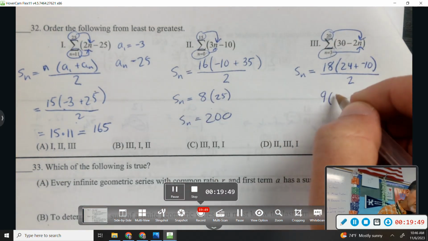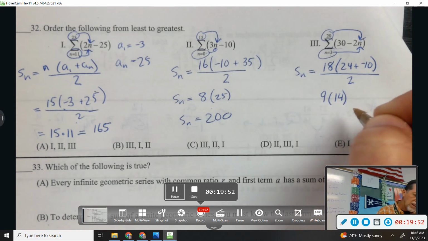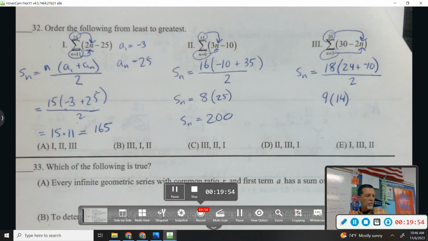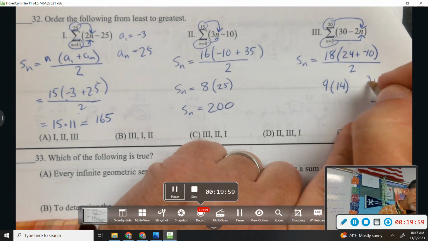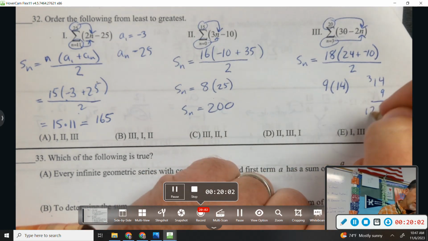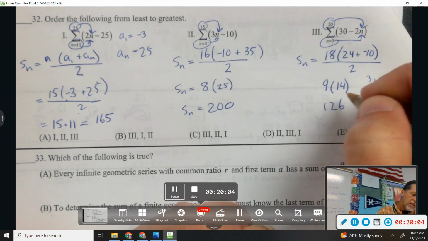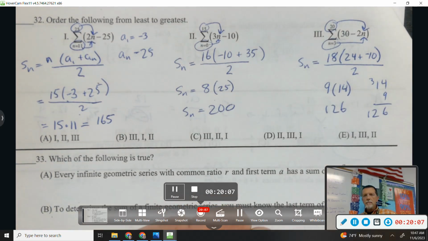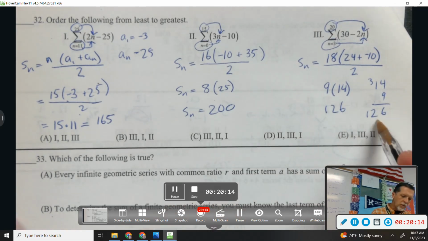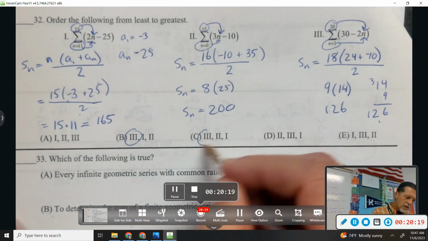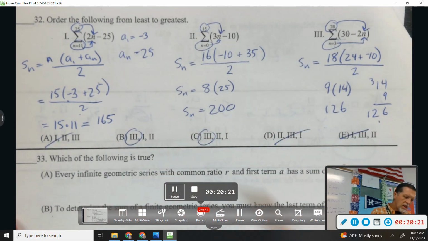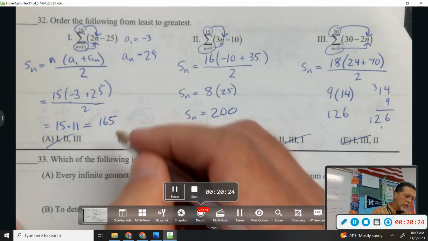So that'd be 9 times 14, which is, I don't know what 9 times 14 is. Looks like it's 126. Isn't it going to be negative 14? No. Oh, wait. No, 24 minus 10. Okay, least to greatest. So 126 is the least. So we're starting with 3. And then we go to 1, and then we go to 2. So answer choice B.